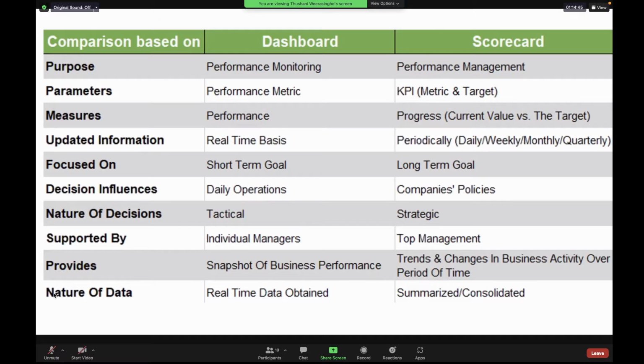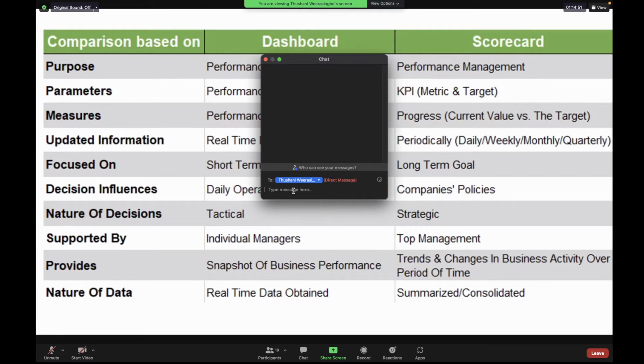There are 4 components in a scorecard. What are they? Now I told you earlier as well. There should be 4 major components.